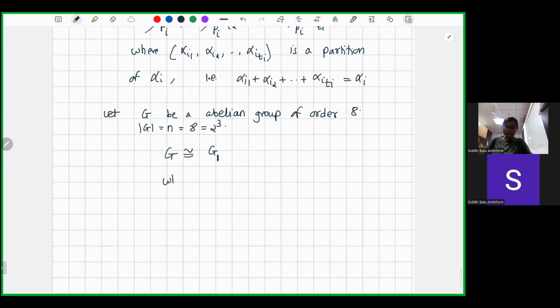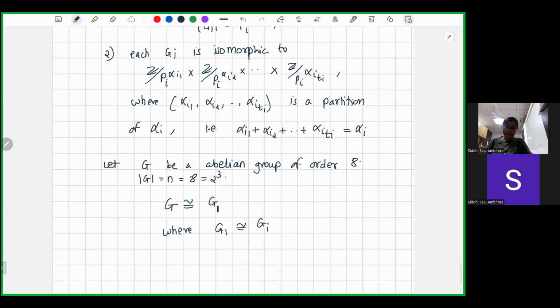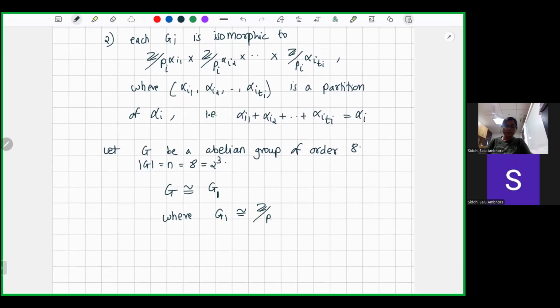We have only one prime here, so G1 is isomorphic to Z mod p power alpha 1 Z. Here my p is 2, so it is 2 power alpha 1 Z, cross up to Z mod 2 power alpha t Z. Since we are following the notation, let me be consistent.